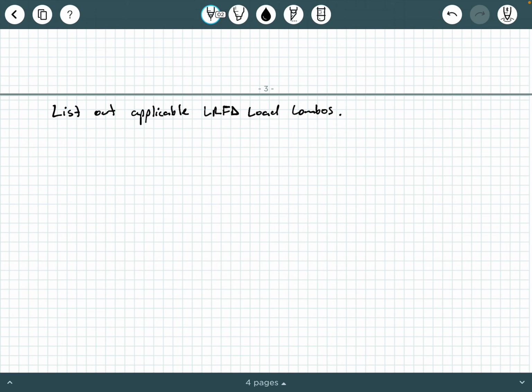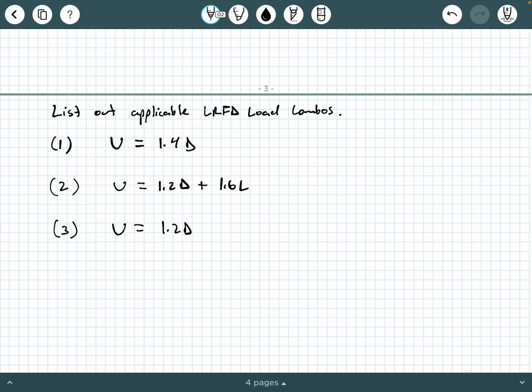Okay, so load combination 1 for LRFD is written as U equals 1.4 dead. Load combination 2 for the loads that we have on our frame would be U equals 1.2 dead plus 1.6 live. And then load combination 3 would be 1.2 dead plus 1.0 live or 0.5 wind.